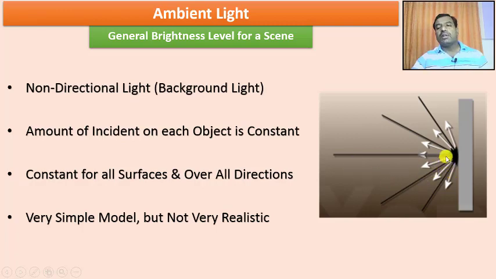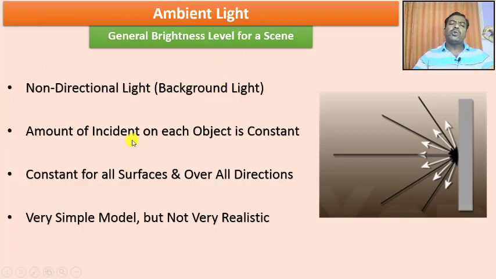At whatever point the light ray comes and is incident on a surface, it is going to uniformly reflect the light rays all around its surface. That is what the ambient light is. Hence it is a non-directional light source, because the direction is not fixed here. And usually this makes use of the background light whenever it is going to illuminate the scene.